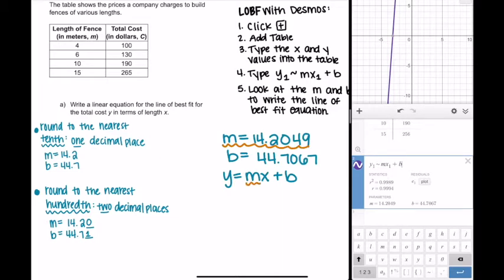So that would be y equals 14.2049 and then plug in the b value, which is 44.7067.